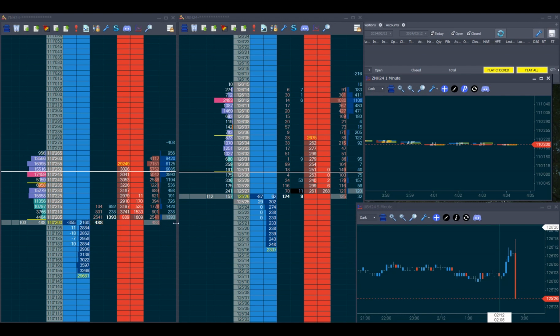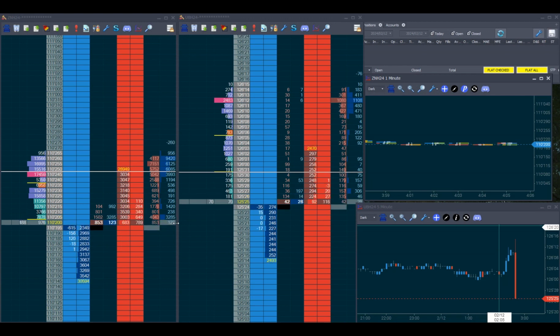I know some instruments like the Nasdaq are very volatile and very fast, and the market is just whipping up and down, so it's not easy to read order flow.